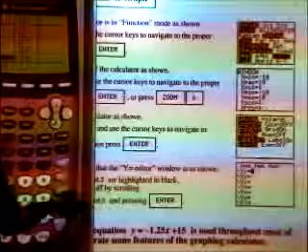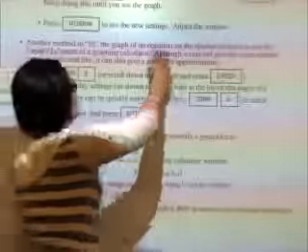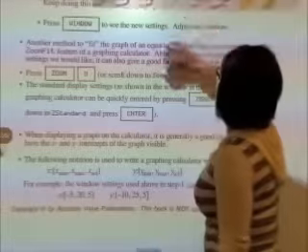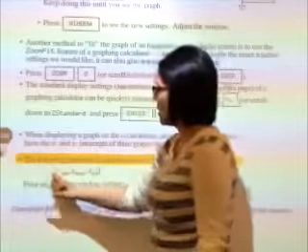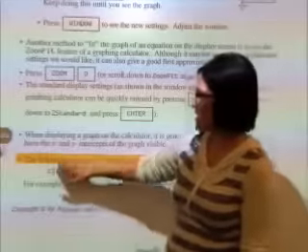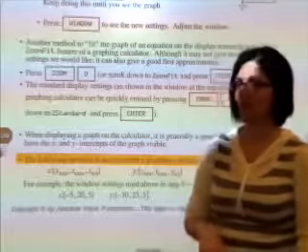So the last thing when we're talking about window settings, and we're already on the second page, is the way that we write them in. When we are expressing our window settings, we have x with a colon and then square brackets, and we list it as x min, x max, and x scale.